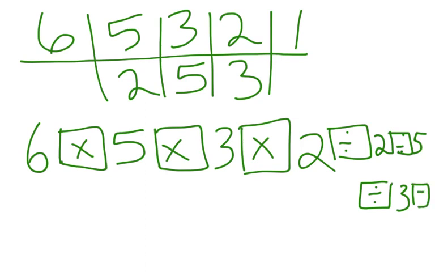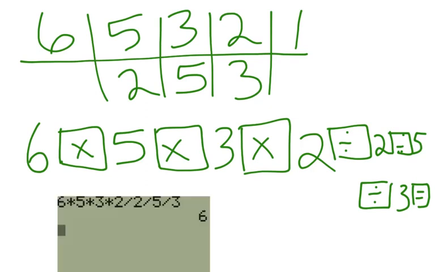Then we would hit the equal sign. That's the way you'd put that whole thing into your calculator. So again, you're putting multiplication signs in front of every number except for the given, and then a divided by sign in front of every number that's on the bottom. I'm going to show you a screenshot of what this would look like on a TI calculator.